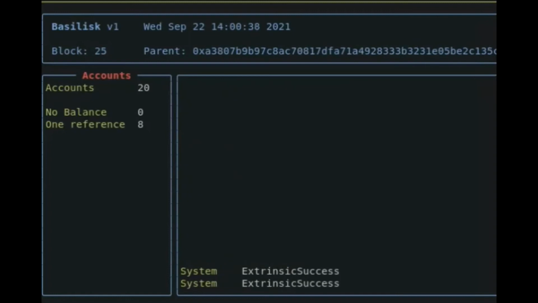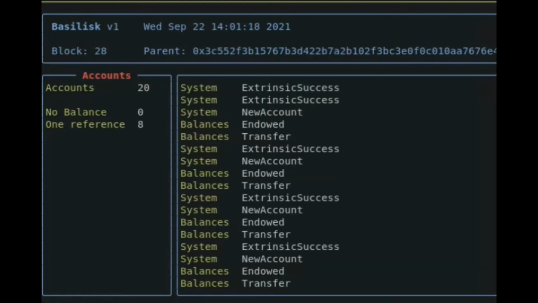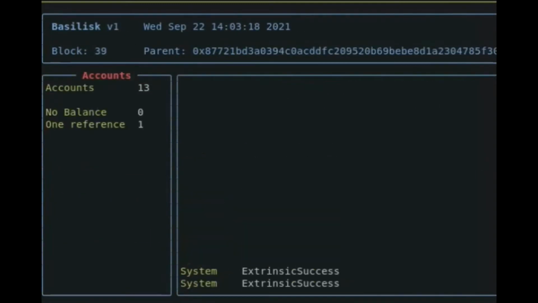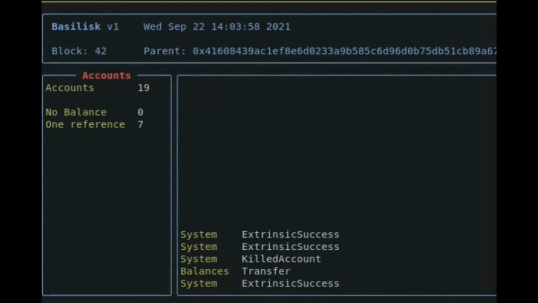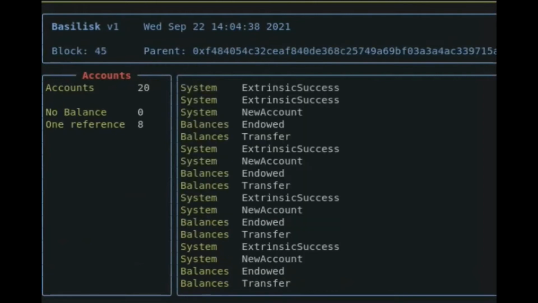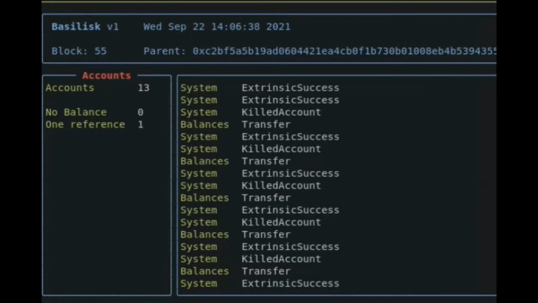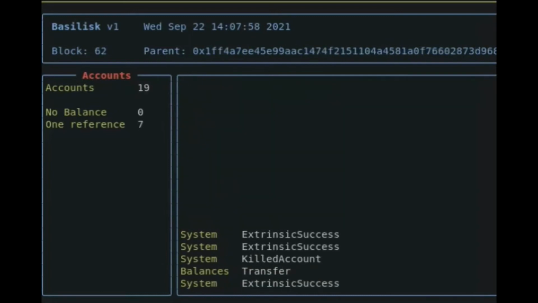Okay. On the left side, we can see the total number of accounts in the system, and underneath that, the number of accounts without any balance. No, that's the incorrect video. That was the second one.